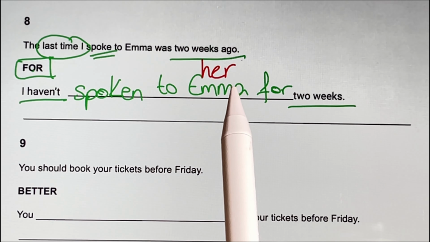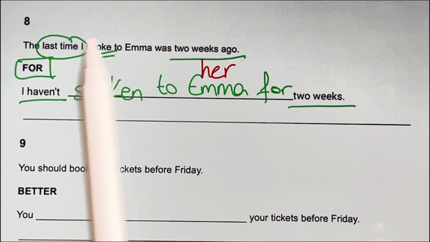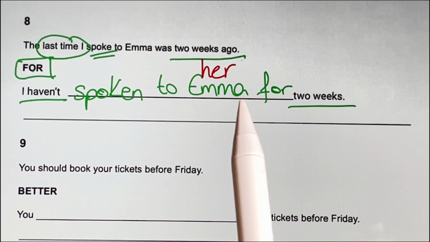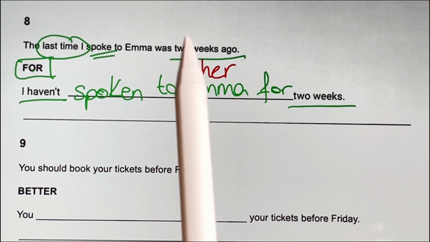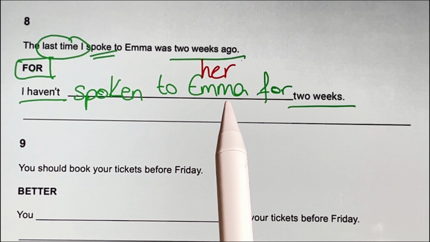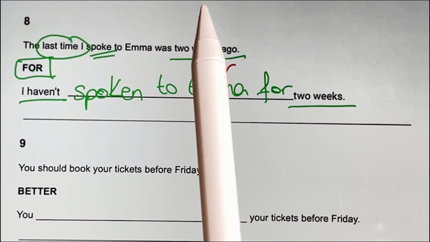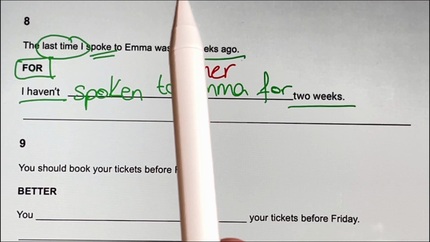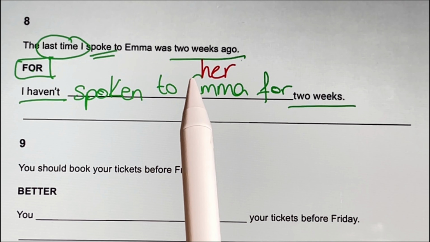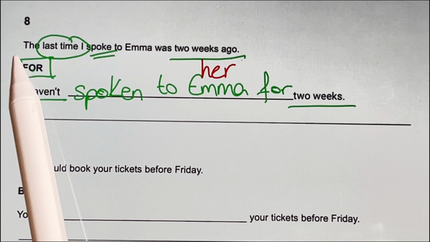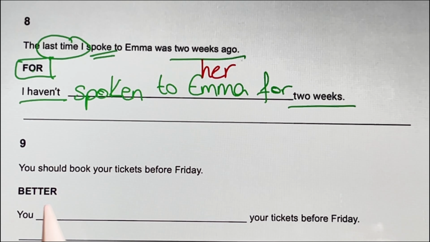I would suggest to use as much information from the first sentence in the second sentence so you don't make any mistakes, because sometimes we try to shorten it a little bit and it changes the meaning. So try to fill the second sentence with as much information as in the first one. Do not try to avoid any of the information from here. So be careful with that.